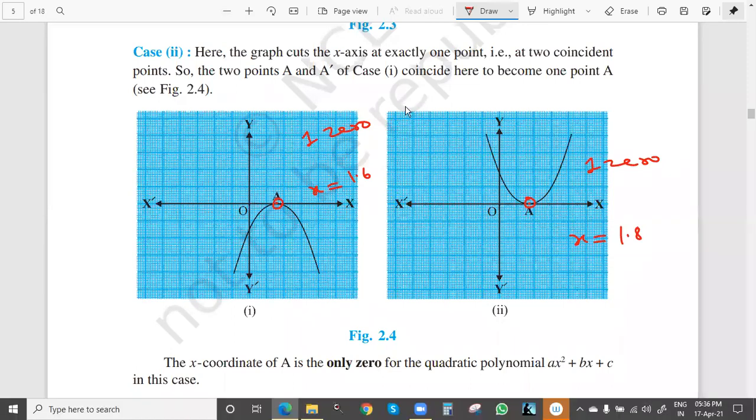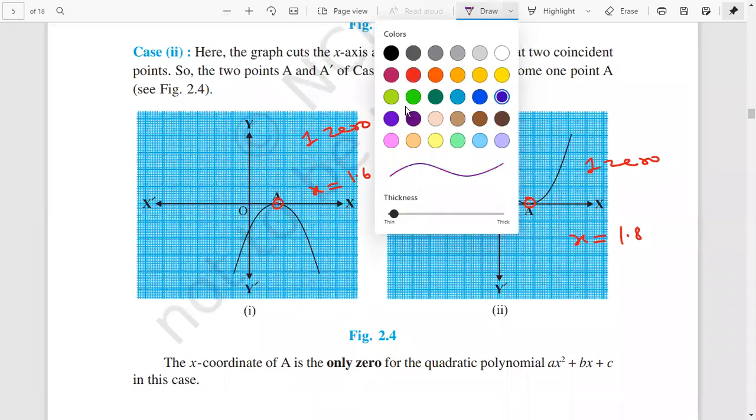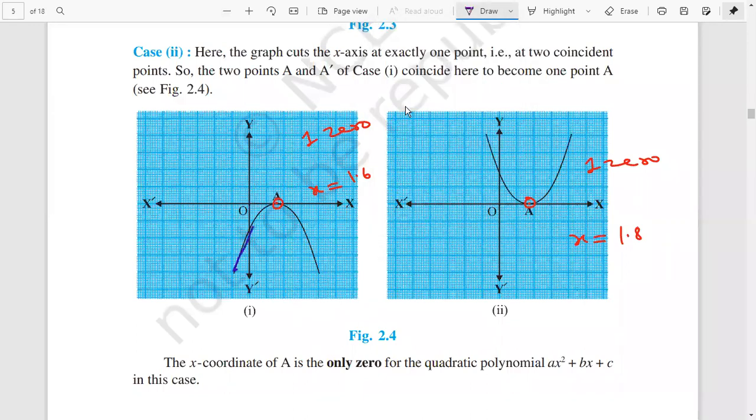One more important thing, the graph is actually parabolic. By the nature of the graph, we can understand it is parabolic, not a straight line, not cubic. This type of graph is called a parabola, and the standard equation will be p(x) equals ax square plus bx plus c, a not equal to 0 is our standard condition.